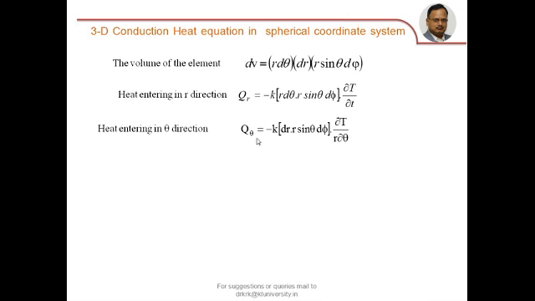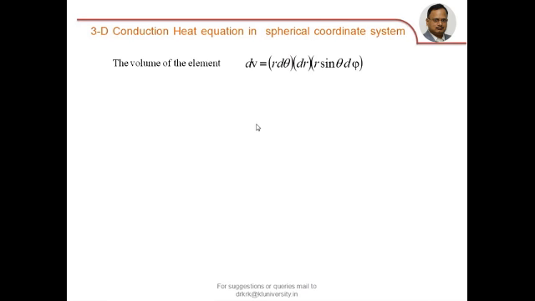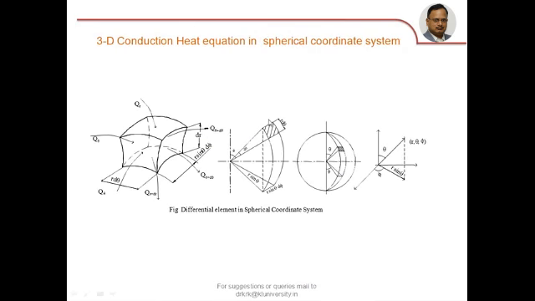And heat entering in theta direction is minus k A dou T by the thickness in theta direction, which is r dou theta. And the area normal to the direction of heat flow, that is this face area, is equal to dr into r sin theta d phi.